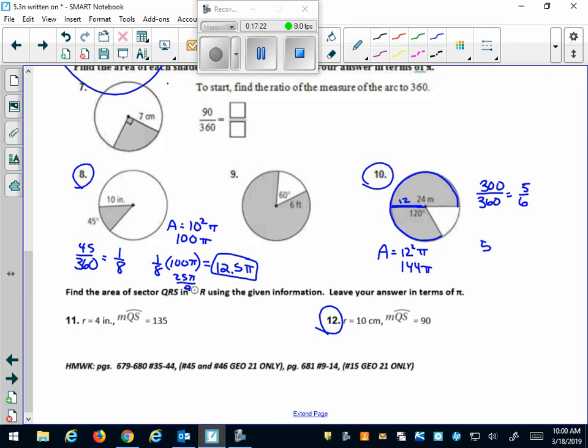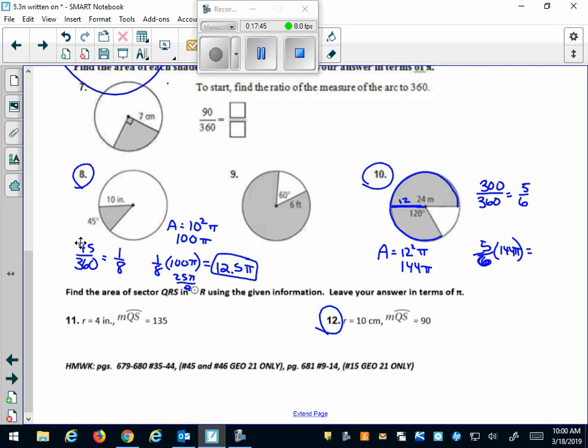So now we need 5/6 of 144. Now, again, you can do this by canceling the 6 with the 144 and reducing it. Some of you are having trouble doing that in your head, or without a calculator, so you could just do 5/6 in your calculator.